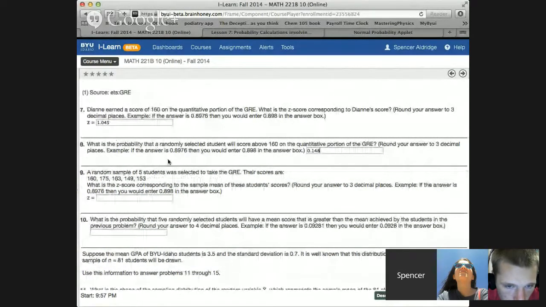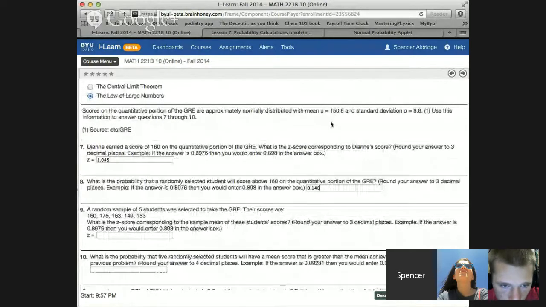Yeah. And so then we have to find the z-score of that, using the information at the top. So the z-score should be the same. Wait, no, never mind. Sorry, it's not the same. So it's 160 minus 150.8, and then we divide that by 8.8 divided by the square root of 5. And so then I got 2.338.